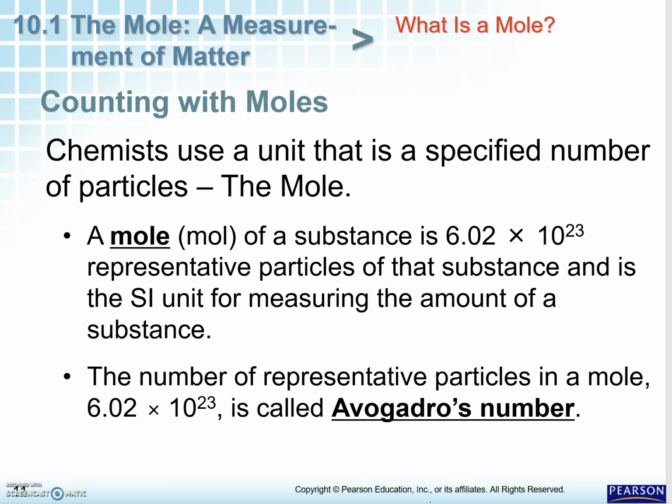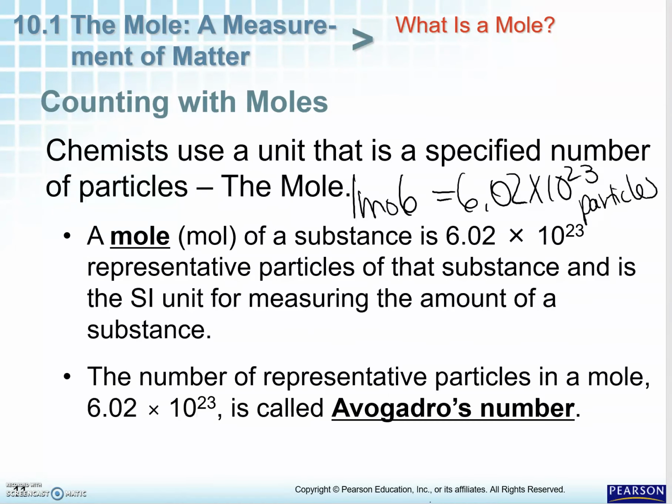Now we can do the same thing with something called the mole. The mole is something that is a specific number of particles that we always use the same number for. Just like how we know 1 dozen apples is 12 apples, we know that 1 mole is always equal to 6.02 times 10 to the 23rd particles.